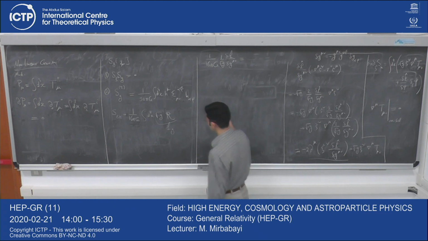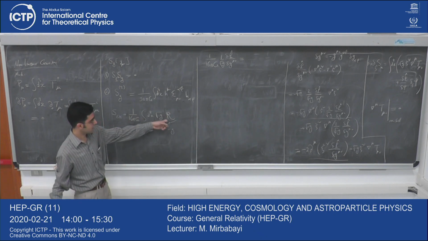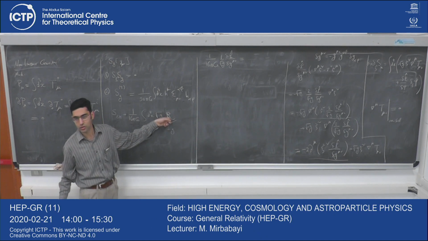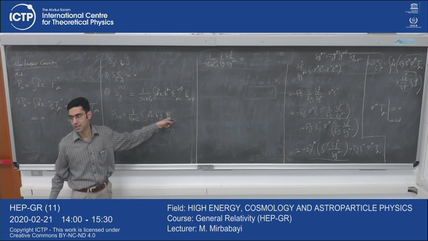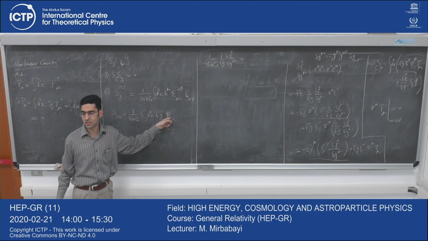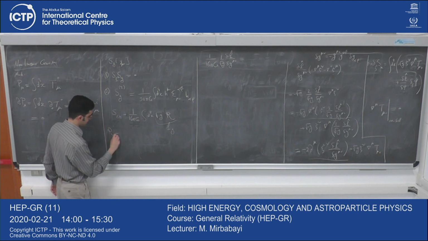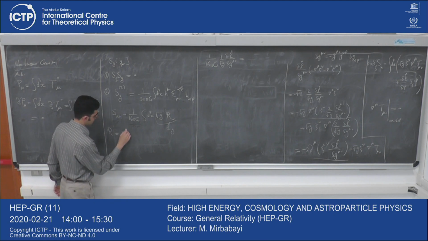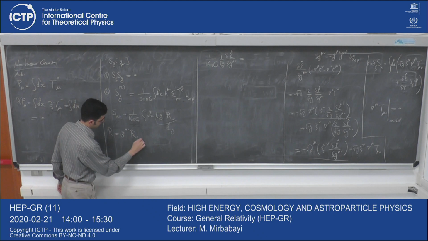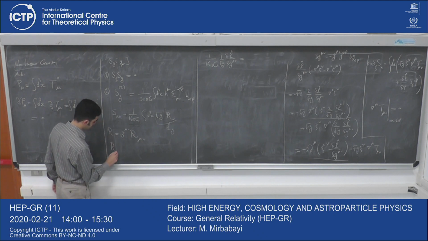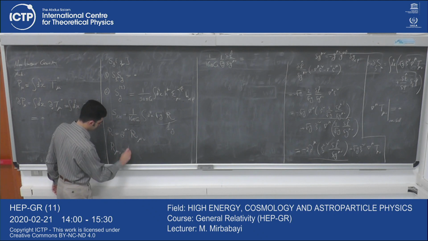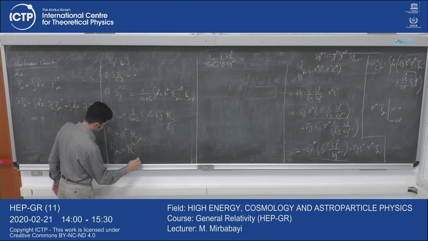Actually, sorry, before that, I haven't said what this R is for those who don't know. This is called the Ricci scalar. And the Ricci scalar is the trace of the Ricci tensor. And the Ricci tensor is the trace of the Riemann tensor. The Riemann tensor is not the trace of anything, as far as I know.